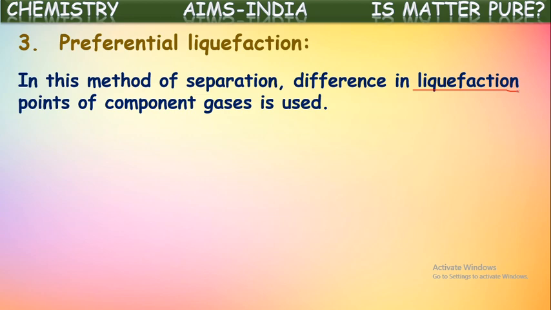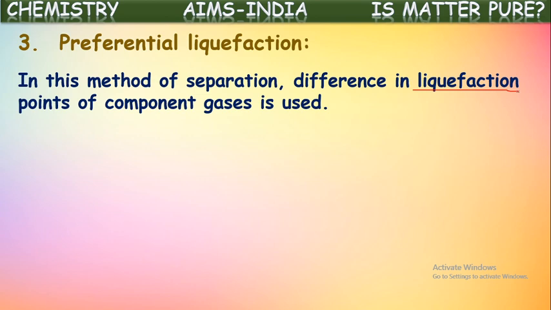But some substances exist in the gaseous form at normal temperatures, and by cooling them to below certain temperatures they will be converted into liquid form. That is called liquefaction. So in condensation, the substance will be in the liquid state at normal temperatures. But in liquefaction, the actual state of the substance will be gaseous.